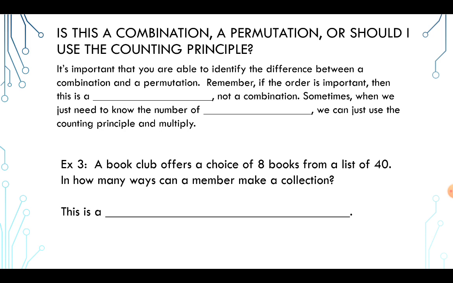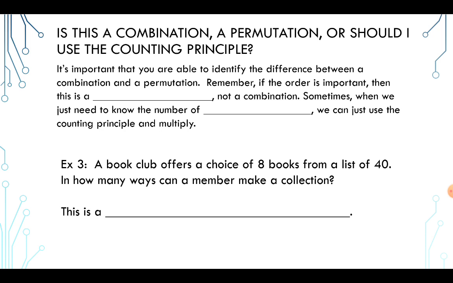All right. One more example of choosing whether this example is a permutation, combination, or a counting principle. Let's reiterate this again. We're just really trying to hone in on how important it is to be able to identify the difference between a combination and a permutation.